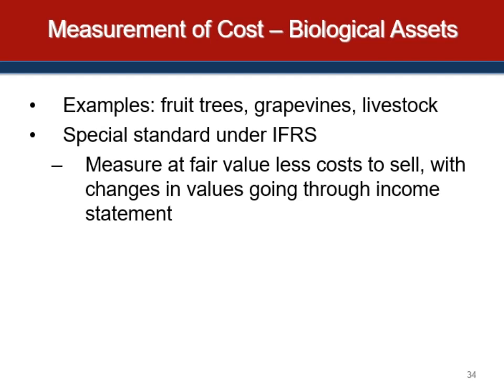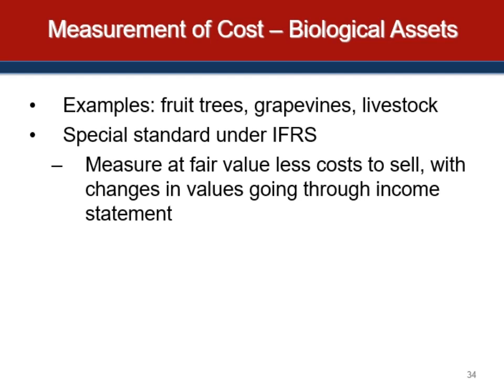Alright, biological assets. Examples of biological assets would include the ones listed here: fruit trees, grapevines, livestock. Under ASPE, the general principles applicable to PP&E, property, plant, and equipment, are also applicable to biological assets. However, under IFRS, these assets are measured both initially and at each statement of financial position date at fair value less the cost to sell, with changes in value recognized in the income statement, similar to the fair value model.